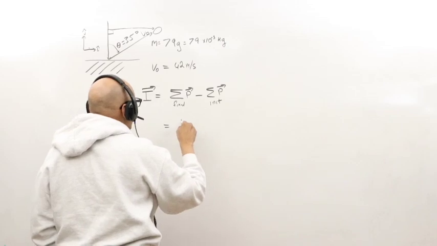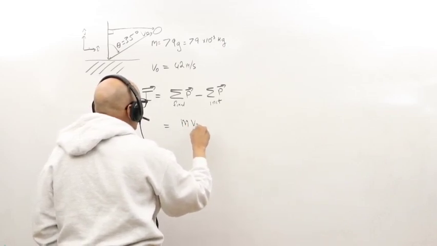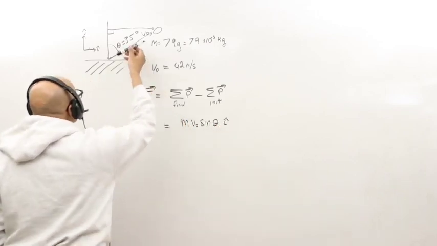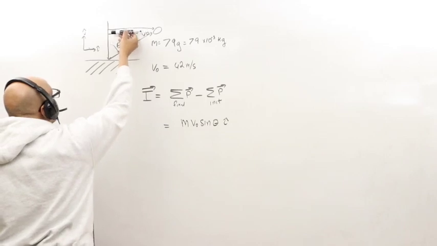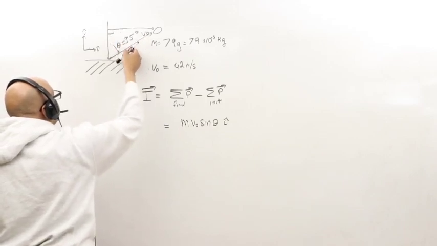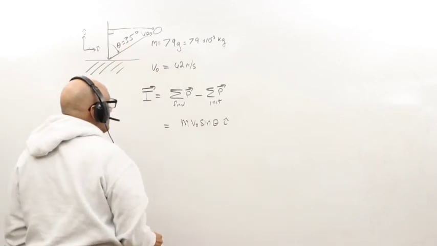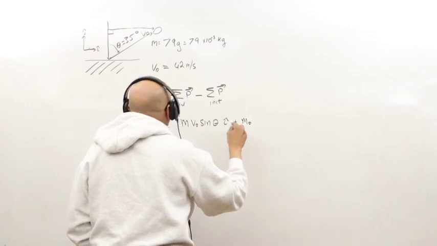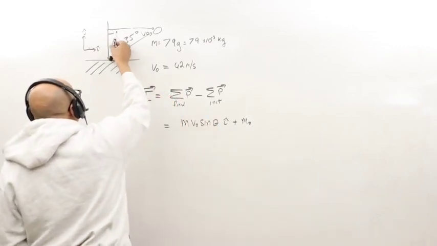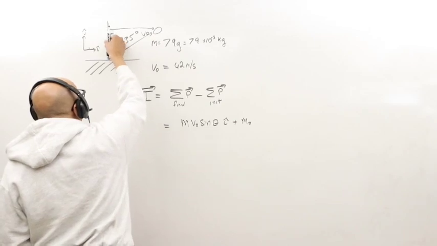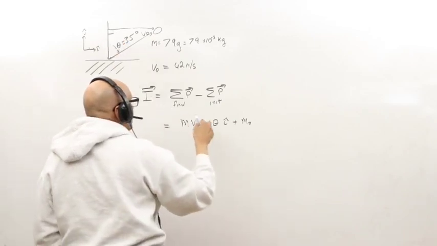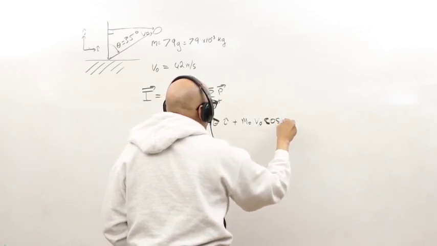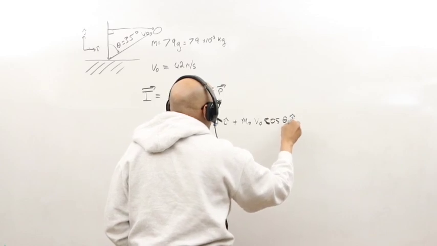So this is mV0 sine of theta i hat, the component along the x-axis over the hypotenuse V0, plus the component this way, the final momentum is mV0 cosine of theta j hat.